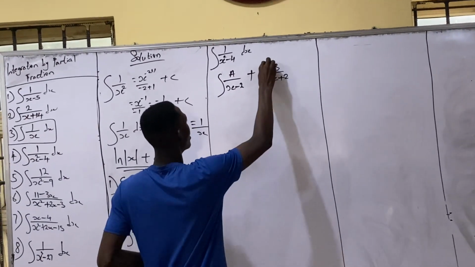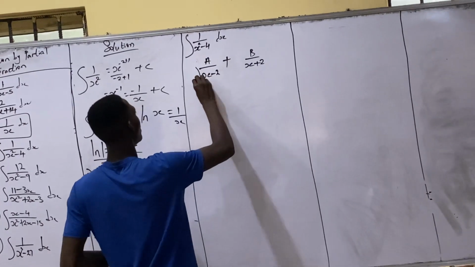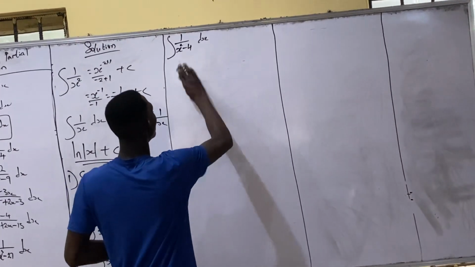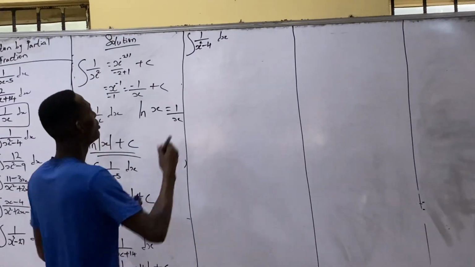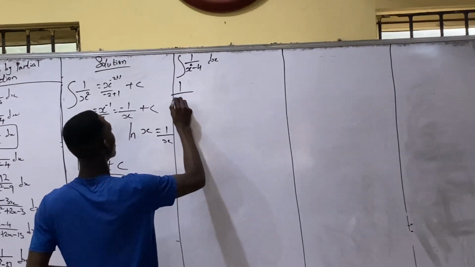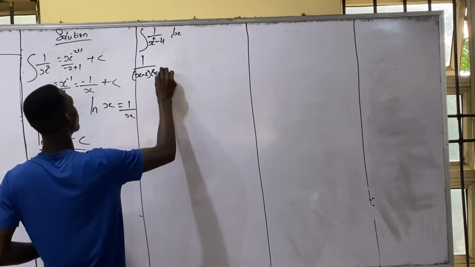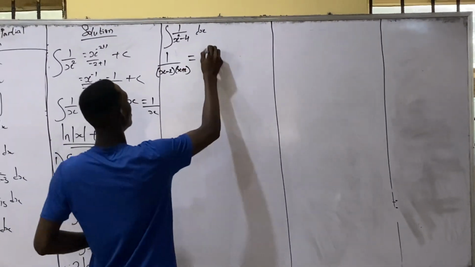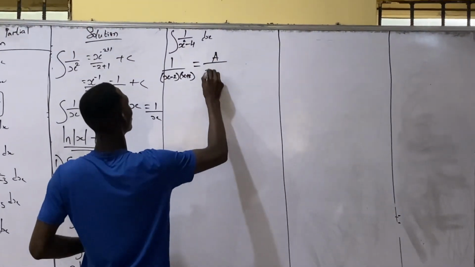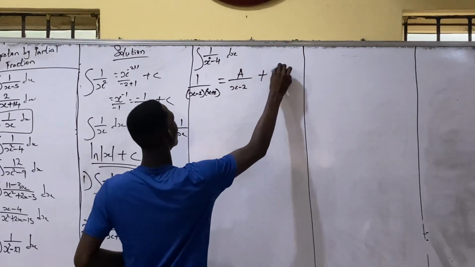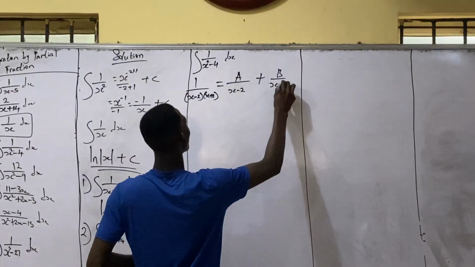So let me take this antiderivative away and break this down. 1 equals A in bracket x minus 2 plus B in bracket x plus 2.